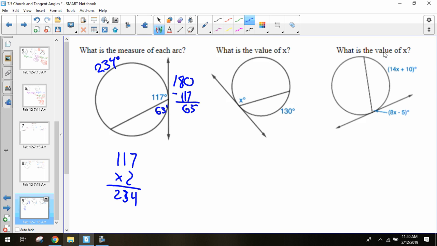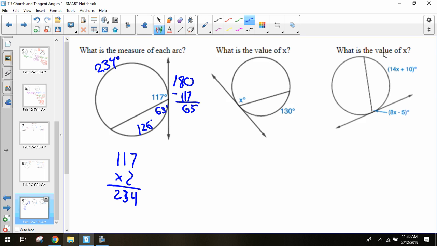Either of those work. Once again, there's multiple ways you can solve this. Through whatever method you choose, the other one should be 126. So once again, thinking about a whole 360, or thinking about how the angle is half of the arc, either way you can use to solve.